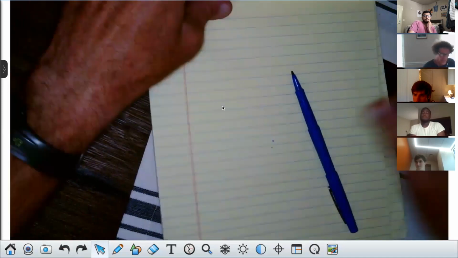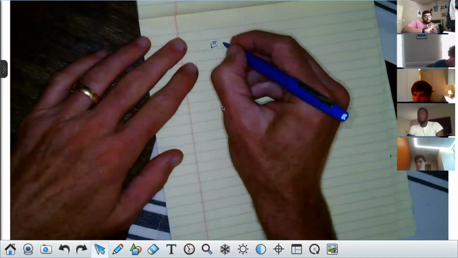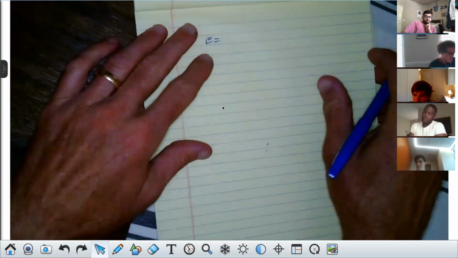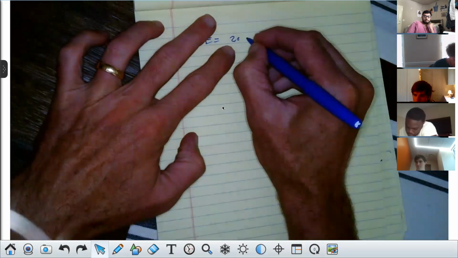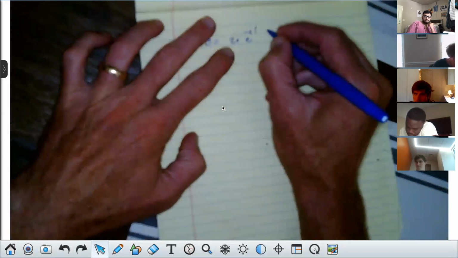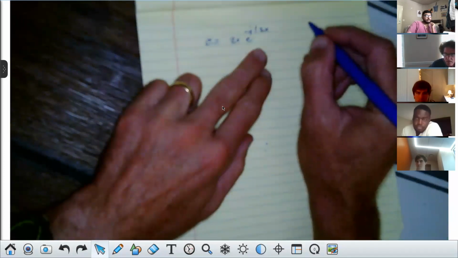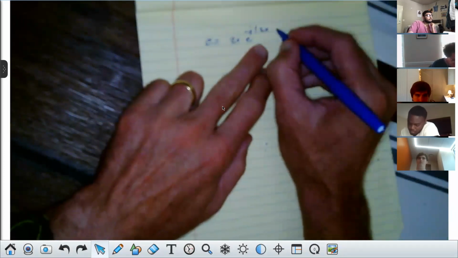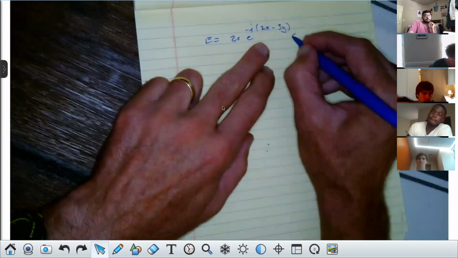All right, so getting back to this, I had an E field equal to, was it 20 E to the minus J, and was it 2X? Was it minus 3Y? Just tell me. Yes. And then it was in the AZ direction, right?